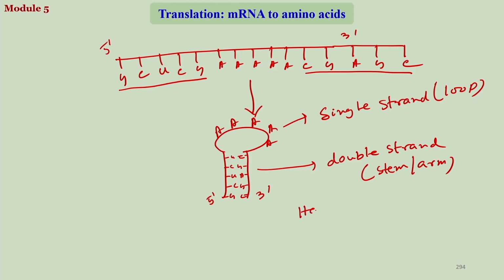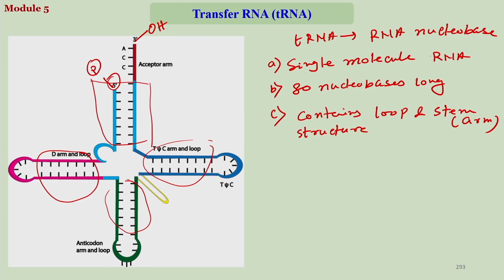This kind of structure is also known as hairpin structure, because it looks like a hairpin. Okay. So that's what is happening here. A part of the sequences are self-complementary in nature that forces the molecule to bend here and assume the double helix. So the loop part is the single stranded region, the stem part is the double stranded region.